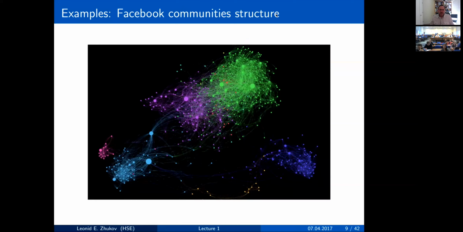Here's another example. This is Facebook communities. Again, the communities are color-coded. And one thing to notice here is the community. A community is a group of nodes that are more tightly connected among themselves than with the rest of the network. So when we start talking about community detection, we're going to be talking about algorithms that allow us to detect these groups of nodes.